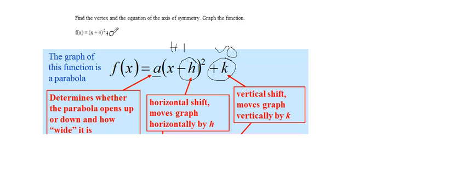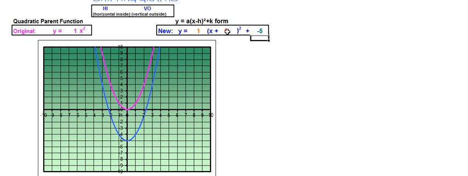So it did not have a vertical shift, it only has a horizontal shift. Also, it was not wider or skinnier, and it didn't flip down, because there was nothing in front. All it did was add a 4. So the vertex is going to be over here at negative 4, 0. Other than that, it looks exactly like the parent, other than it's been shifted to the left 4 units.